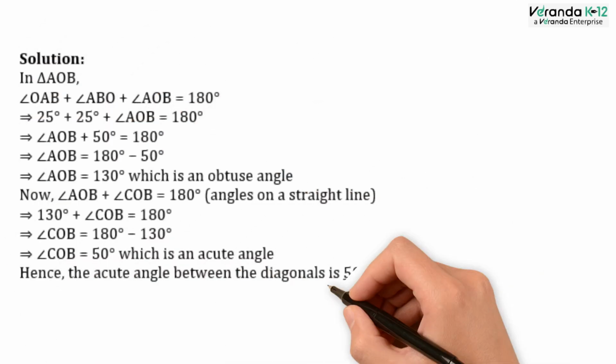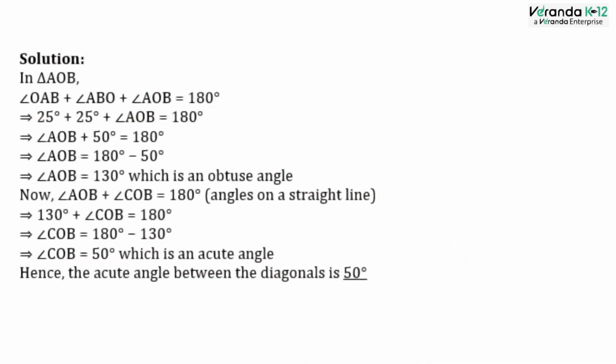Solution. Let us take triangle AOB where OA is equal to OB. Given angle OAB is equal to 25 degree, therefore by the property of isosceles triangles, we can say that angle OBA is also equal to 25 degree. Now in triangle OAB, by applying angle sum property, we can say that angle AOB is equal to 130 degree, which is an obtuse angle, but we want acute angle here.